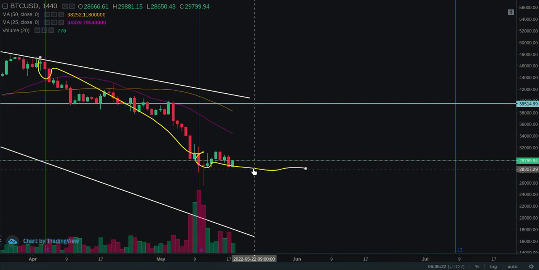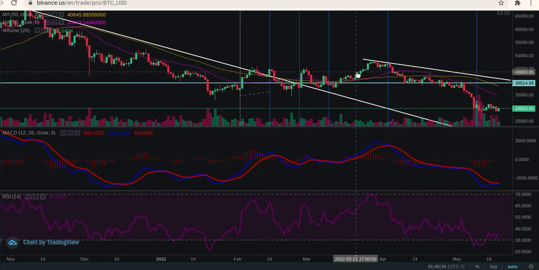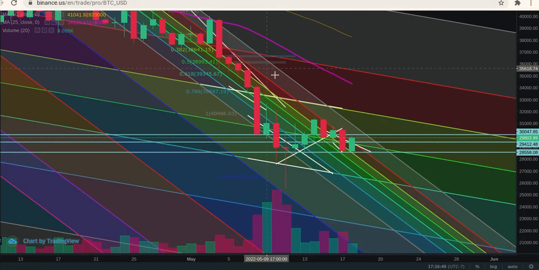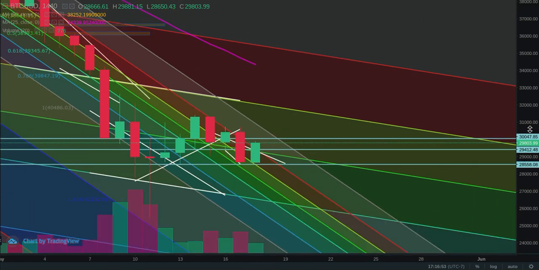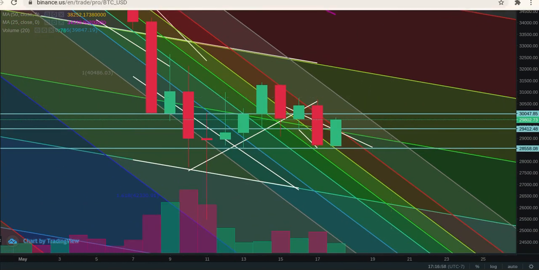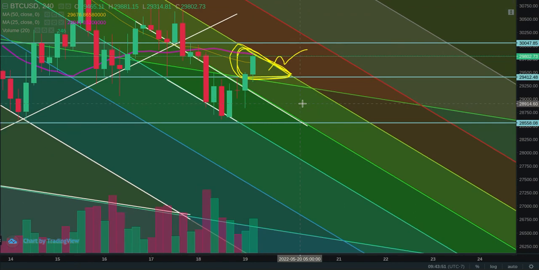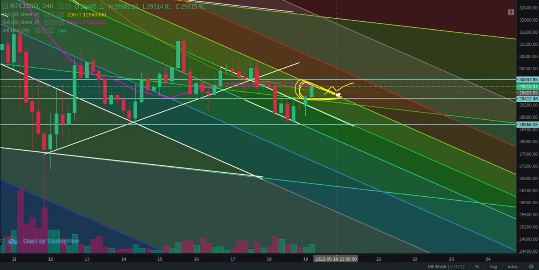We'll just have to keep an eye out on this. Alright, but yeah, this is a daily. Pretty much 4 hours shows a little better. So yeah, that's pretty much what I got so far for Bitcoin.